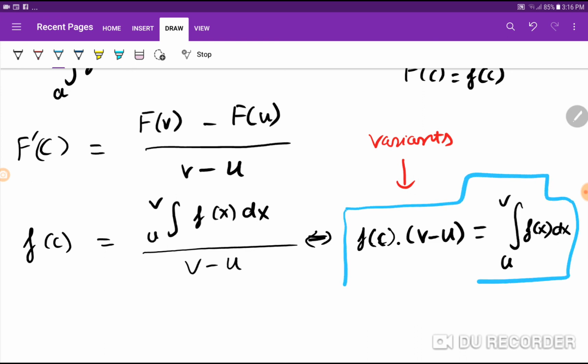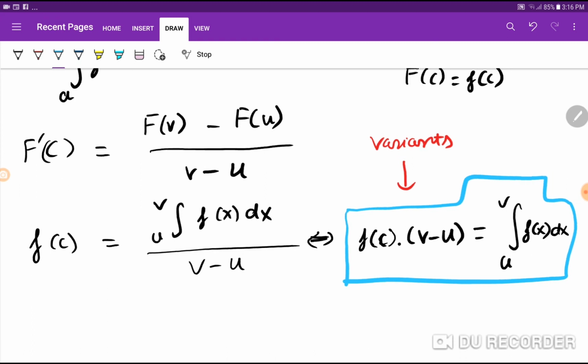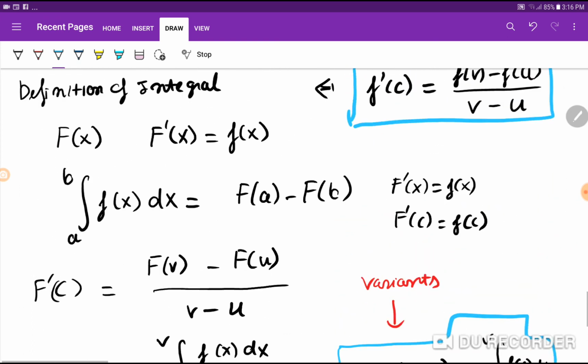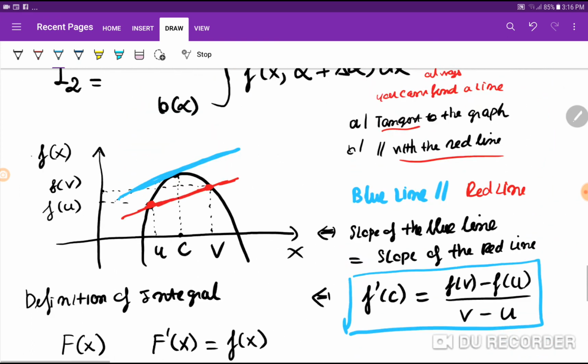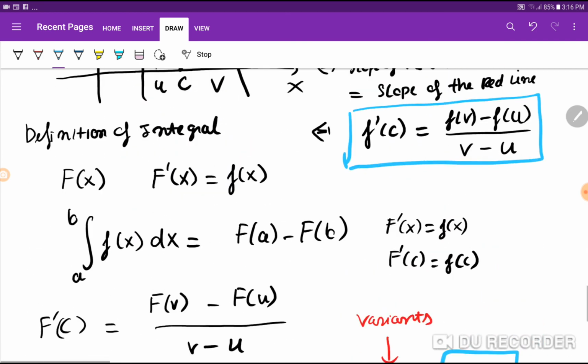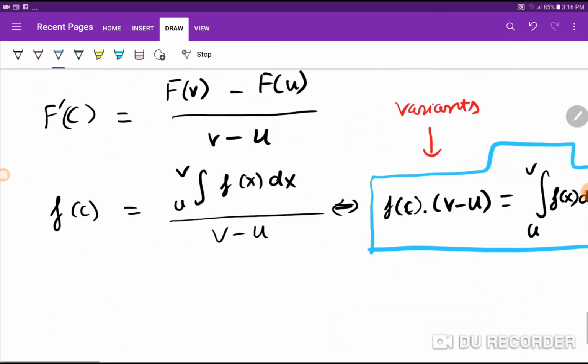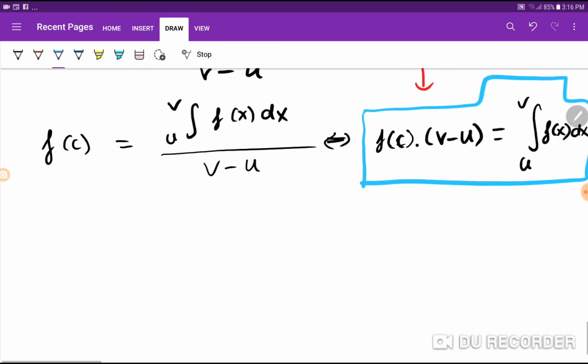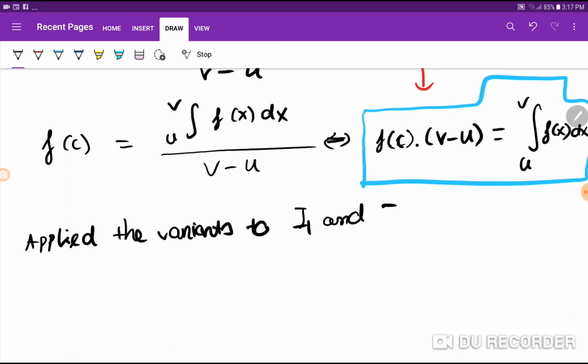Now I'm going to apply this variant, this formula we just have, to the big two. Apply the variant to I1 and I2.